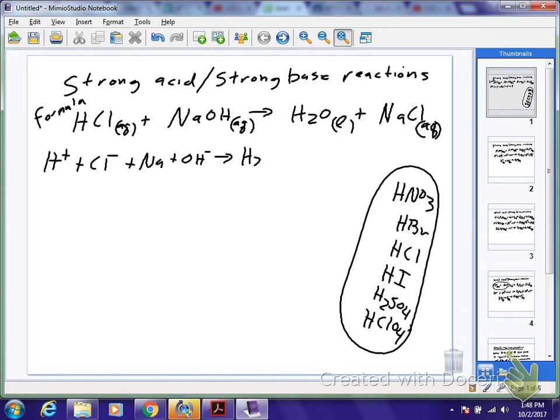Water stays together though, it doesn't break apart, it's a liquid, and then Na breaks apart. Solubility rules say anything with sodium in it is going to break apart completely. So we have Na plus and Cl minus. So this is the complete ionic equation.